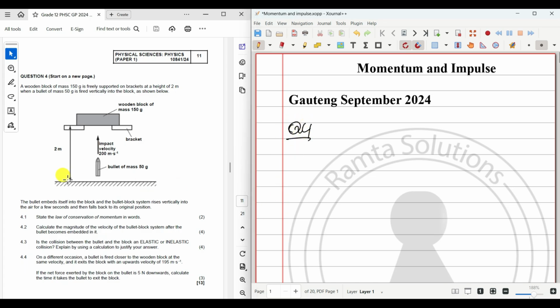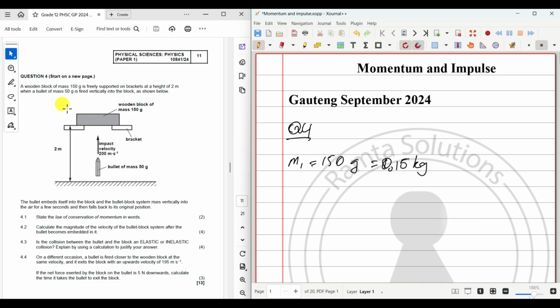Question 4. The wooden block of mass 150 grams is freely supported. So mass 1 is 150 grams, which divided by 1000 is 0.15 kilograms. It's freely supported on brackets at a height of 2 meters.